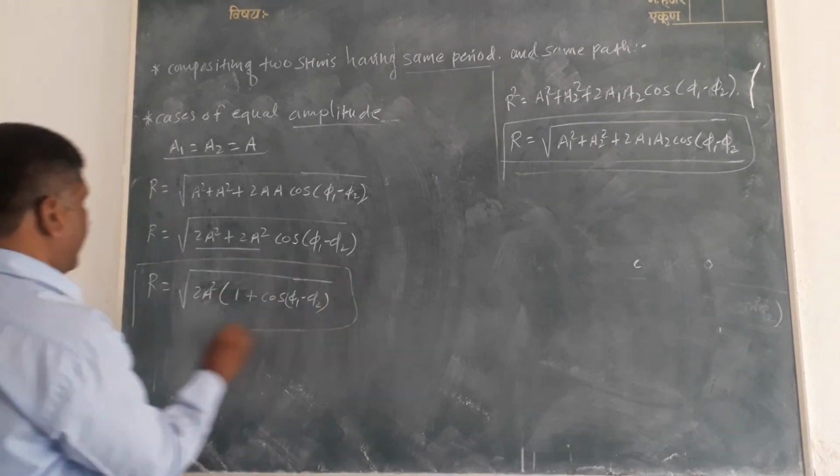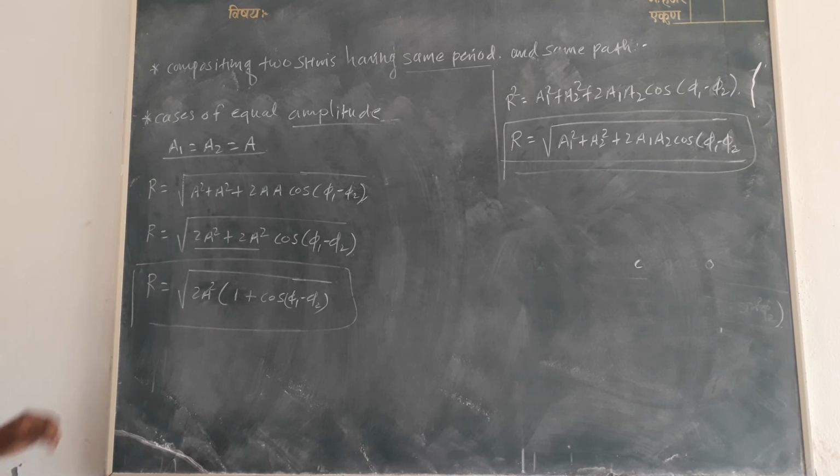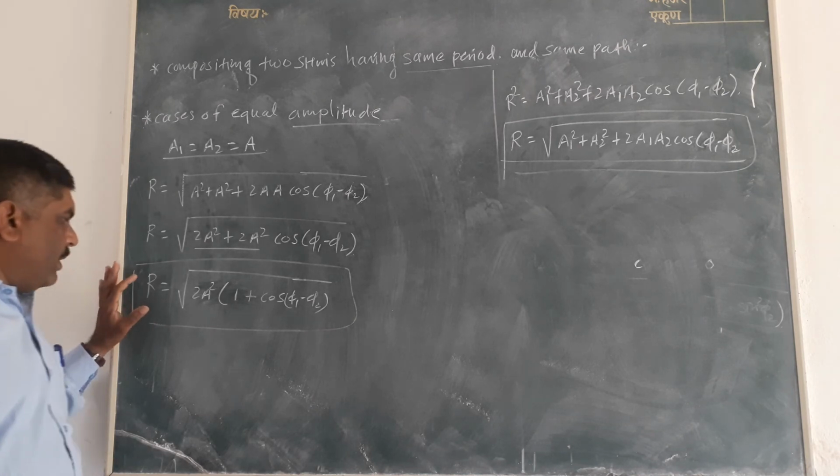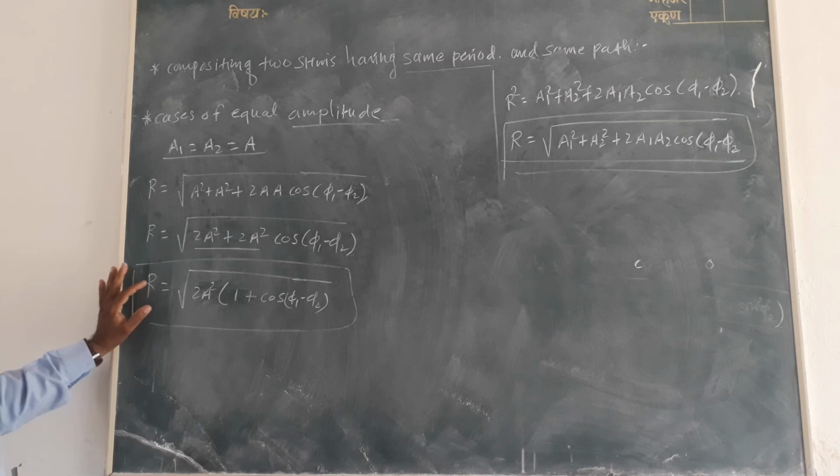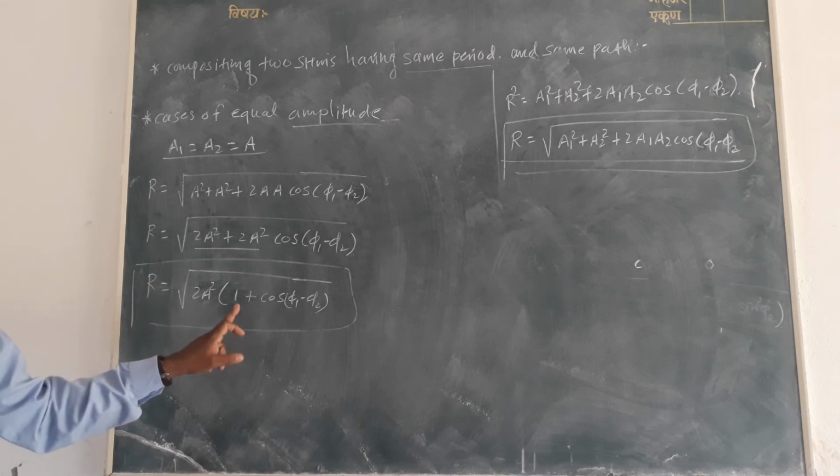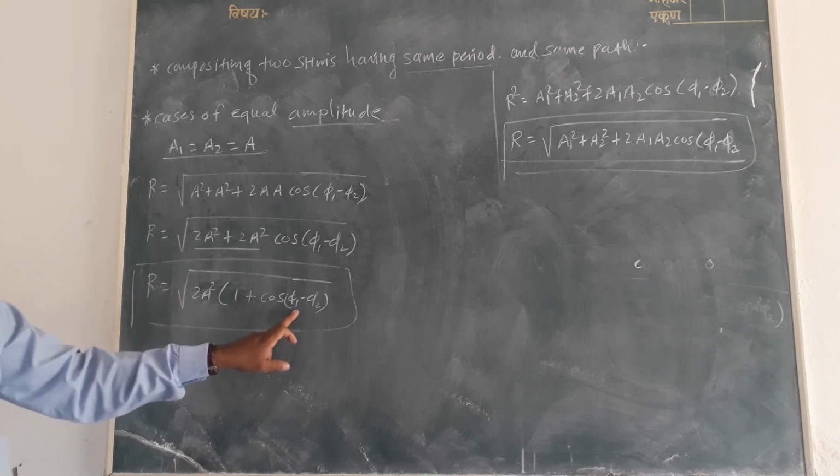If the amplitude of two waves is same, then we get the resultant amplitude R is equal to under root 2A square into bracket 1 plus cos phi 1 minus phi 2.